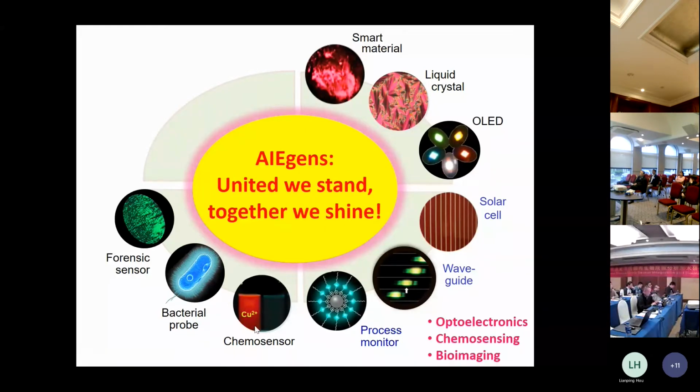Basically the design principle is very simple. If you design the rotor that can bond with the ionic species, so you restrict the molecular motion, then emissions turn on. In doing so, you can have very specific sensing systems.